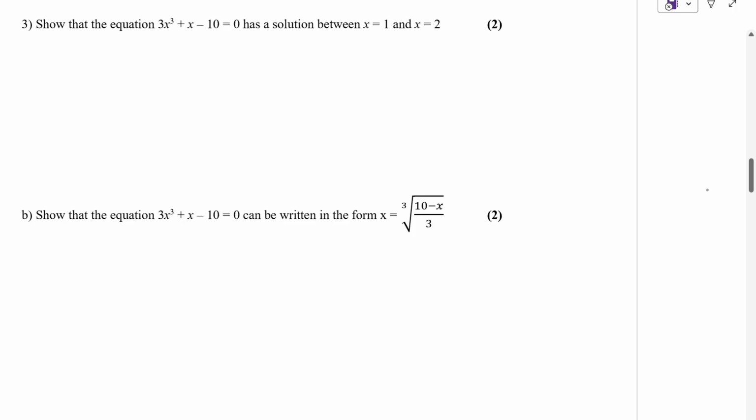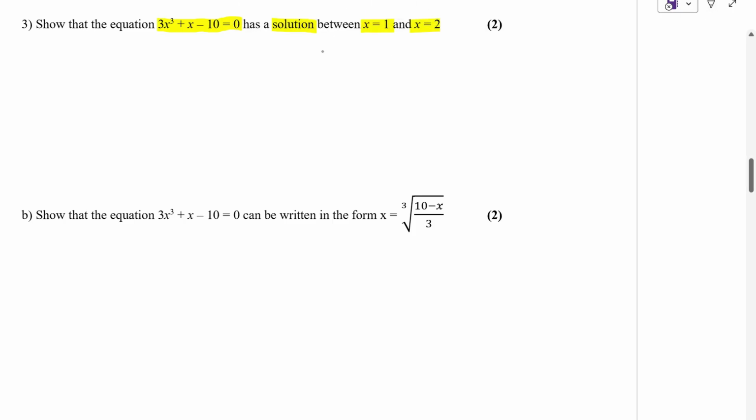Now, this is another style of question that you could get within this iteration topic. So we need to show that this equation here has a solution between x equals 1 and x equals 2.